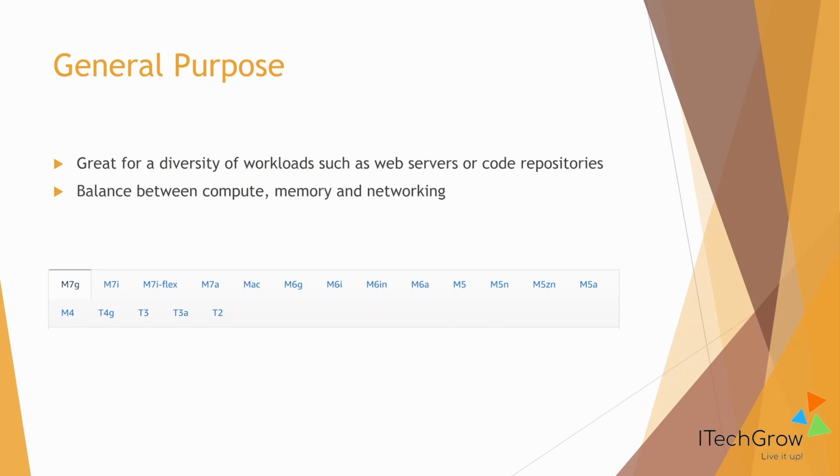First one is the general purpose. General purpose is great for a diversity of workloads such as web servers or code repositories, and it is a balance between compute, memory and networking. So usually when you use general purpose, the memory, compute and networking are all an equal load. In those situations you can use general purpose, like web servers, which use RAM and CPU.